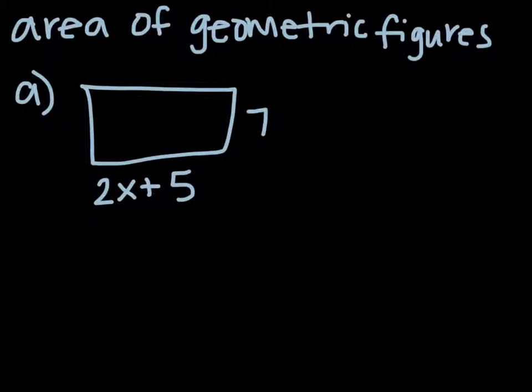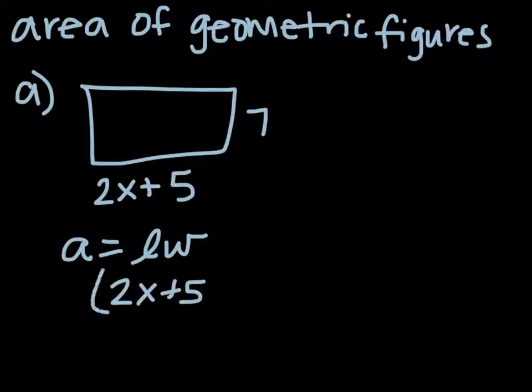So to solve for the area of this rectangle, we're going to use the formula for area equals length times width. Our length is 2x plus 5. Our width is 7. Now we simply apply the distributive property to find the area, which will be 14x plus 35. We can't finish evaluating this until we learn the value of x.